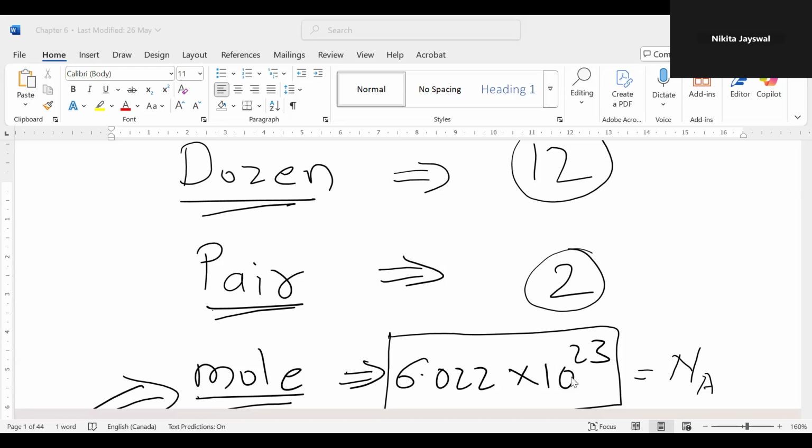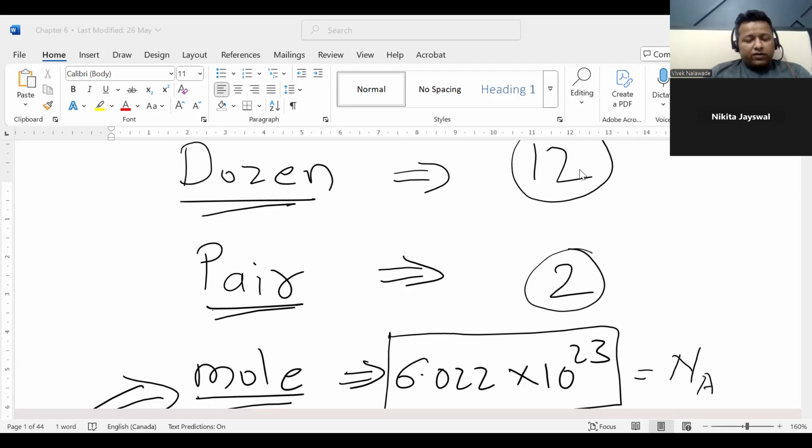So what is mole? Mole is a number. It is just the way we count number of items when it is dozen and pair. We can count number of items if it is mole.